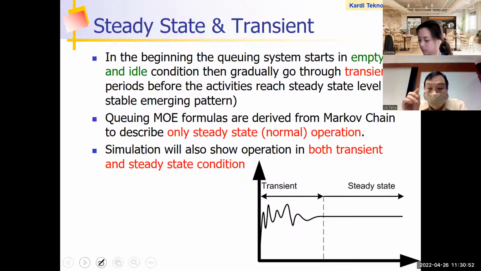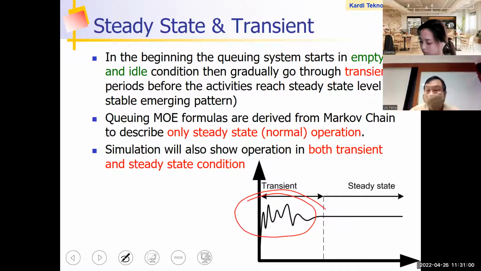But when you do simulation, this is what you do in the transient. In the simulation, you are doing one by one each customer, how they behave. You will simulate that, and then you will get the aggregate result. That is the transient.